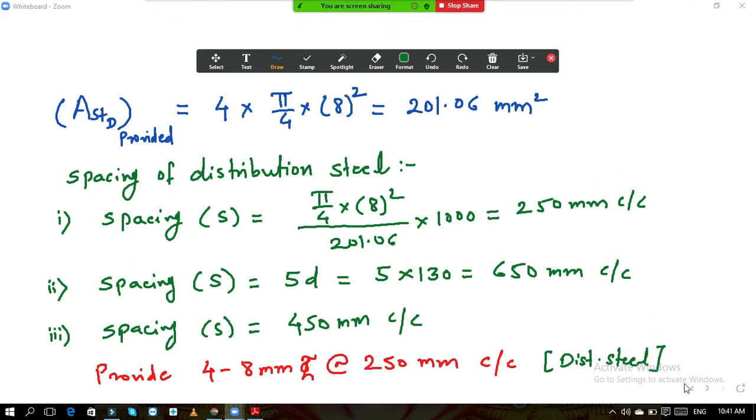Okay. So now after this, we will take the checks. We will take the check for shear, then check for deflection and check for development.